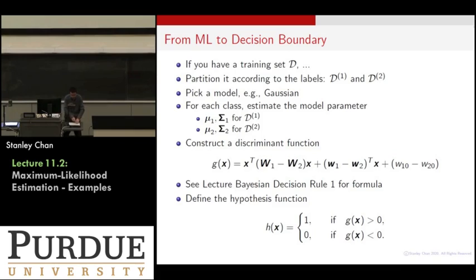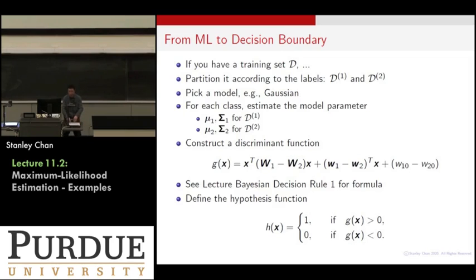We just focus on the inference model, which is a Gaussian in this case. Going back to the previous lectures, there are formulas for the matrices W1, W2, the vectors, and also W10, W20, which are the offsets. Going back two lectures ago, we have formulas telling you how to set all these up. These are functions of mu1, sigma 1, mu2, sigma 2.